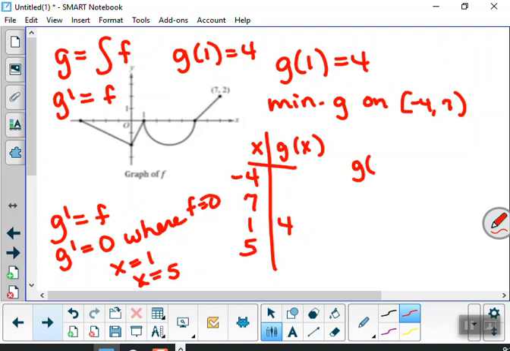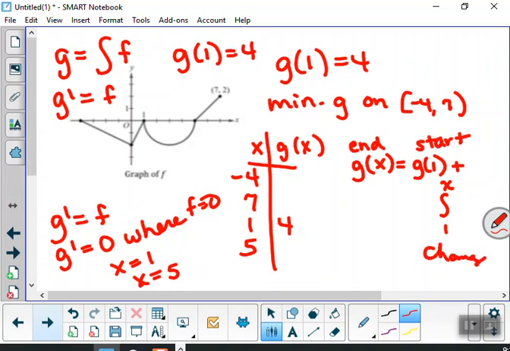I can find G of any X by taking G of 1, which is something I happen to know, and then adding on the change in G from 1 to X. So you start from a given value and the change, and we get the change in G by integrating F of t dt.